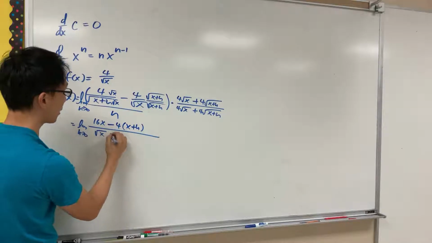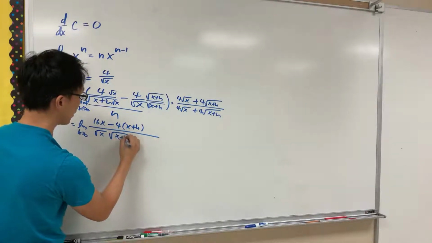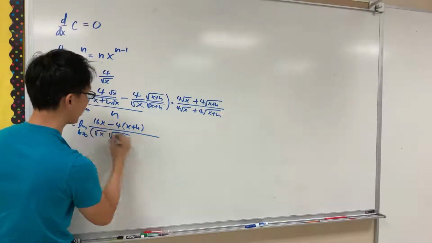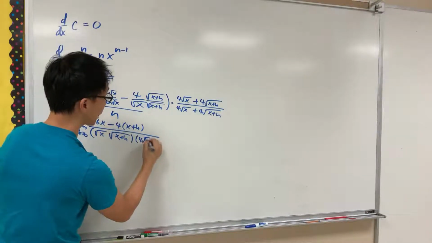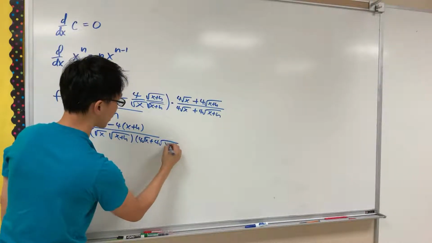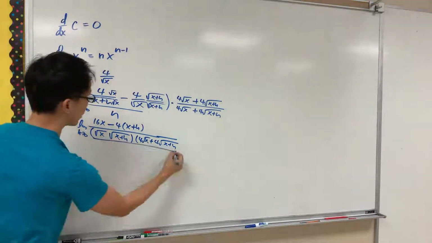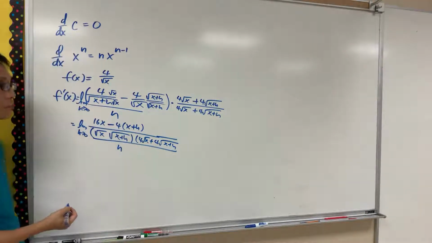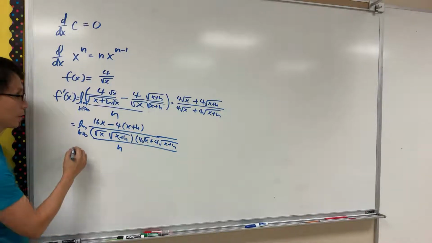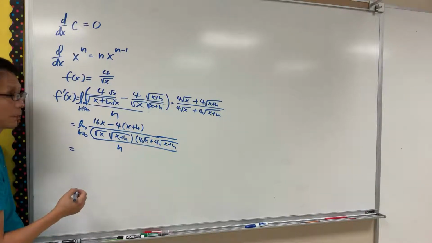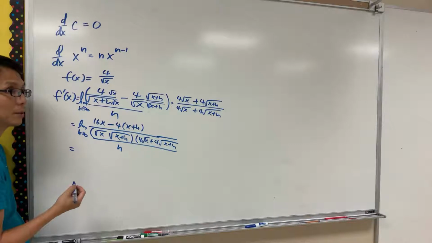Square root of x times square root of x plus h times 4 square root of x plus 4 square root of x plus h, right? See how much work that is? And this is using the definition of derivative. Oh, by the way, the majority of you guys did badly on this quiz.